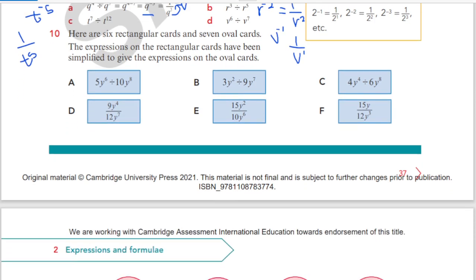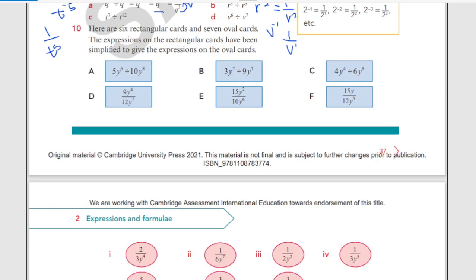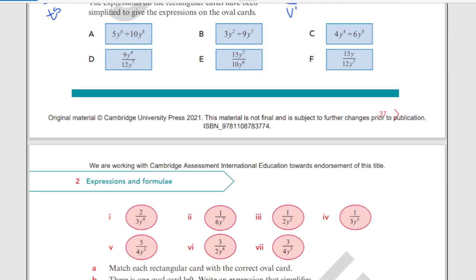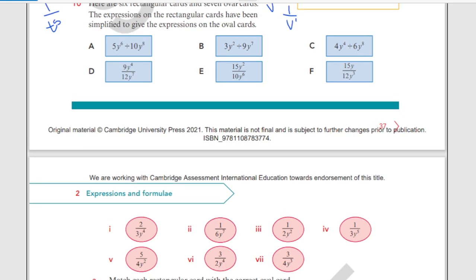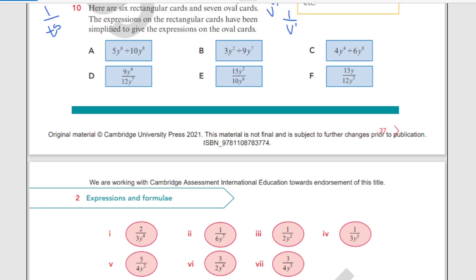Now we'll move to question number 10. In question number 10, they are saying you have to match these rectangles with the ovals given. 6 rectangles are given over here. You have to match these rectangles with these ovals.